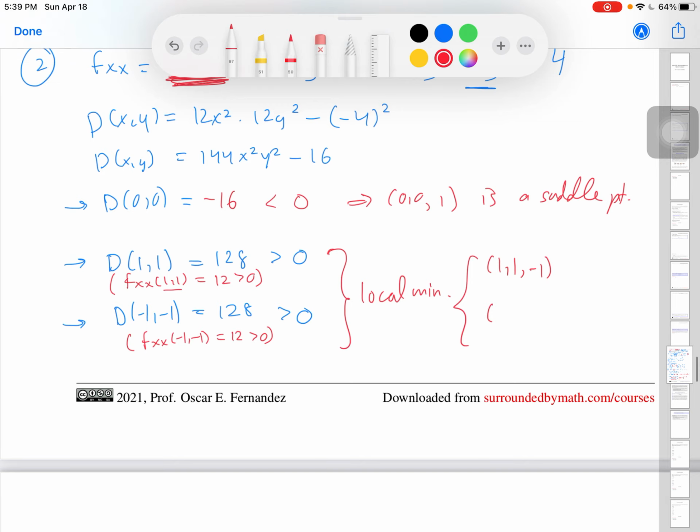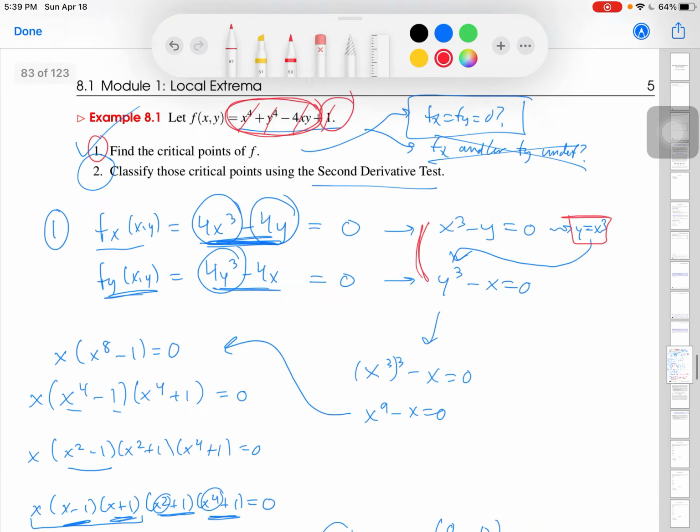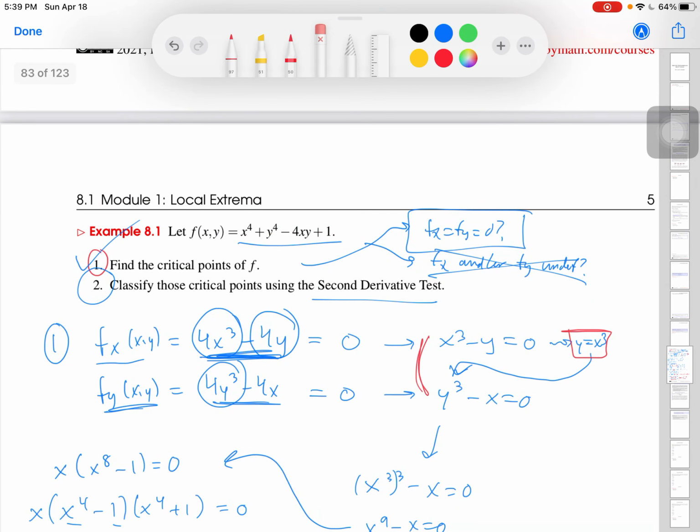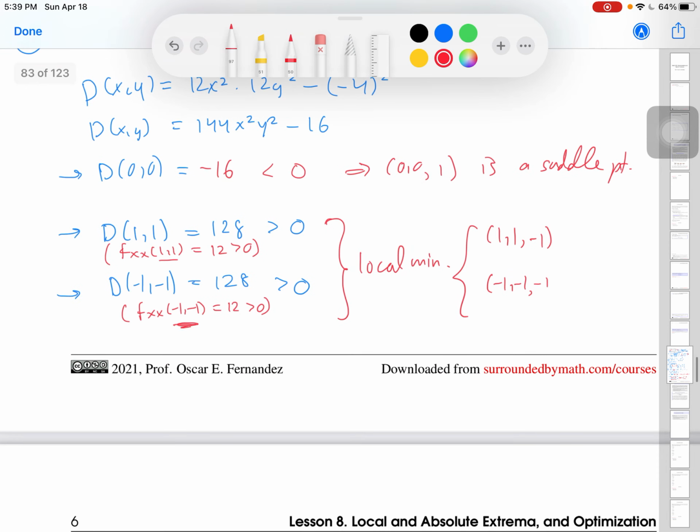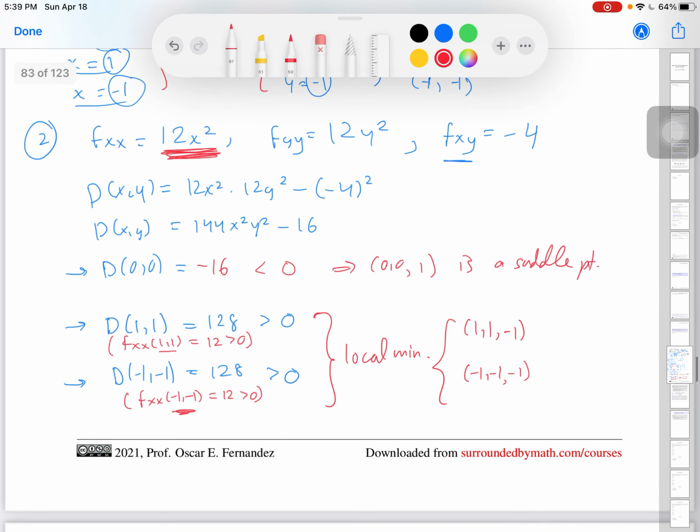And then over here, I again get 1 plus 1 plus 1, that is 3, and because these are a product of two negative numbers, they're positive. So again, we get 3 minus 4, negative 1. Okay, so those are my conclusions. (0, 0, 1) is a saddle point, and these two points are local minima.